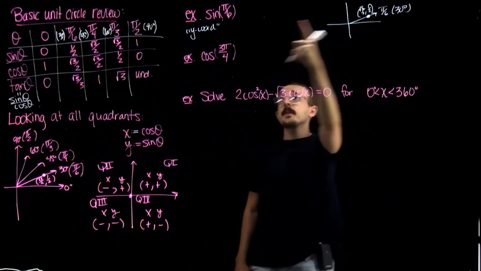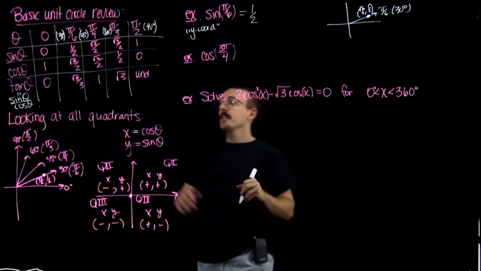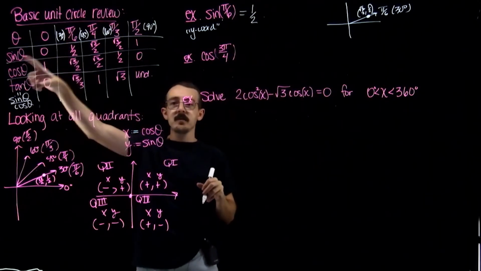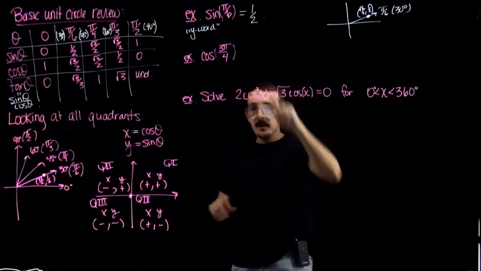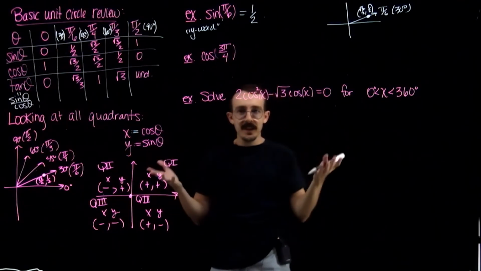And the y-coordinate you're looking for is 1/2 right here. If I go over to my table, I have pi over 6, 1/2 is sine. This answer is positive because we're still in the first quadrant and the y-coordinate is positive. So all the things are lining up here.